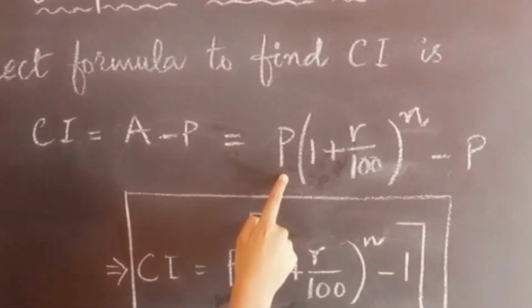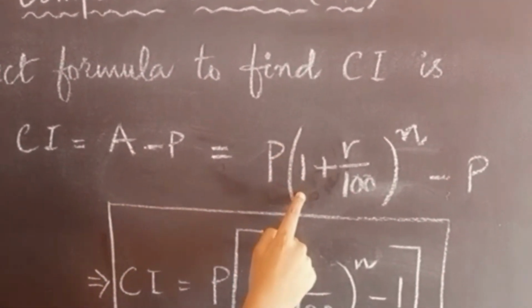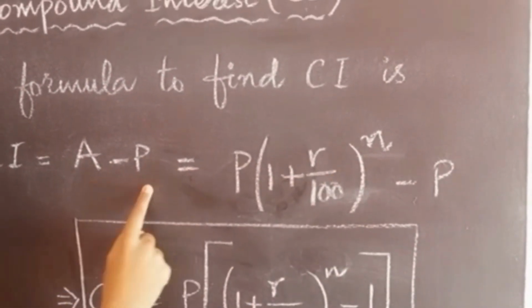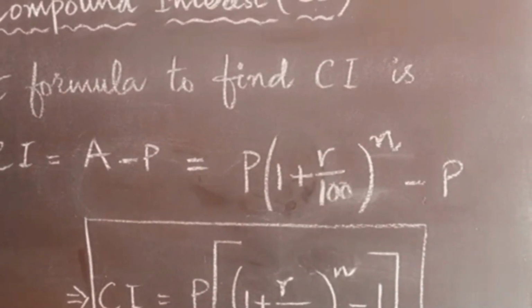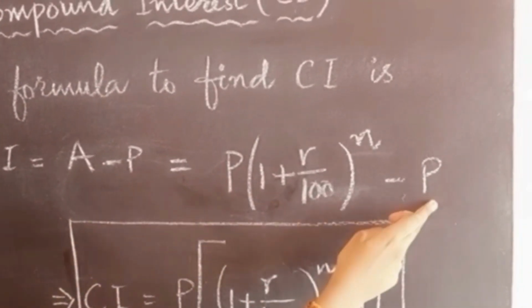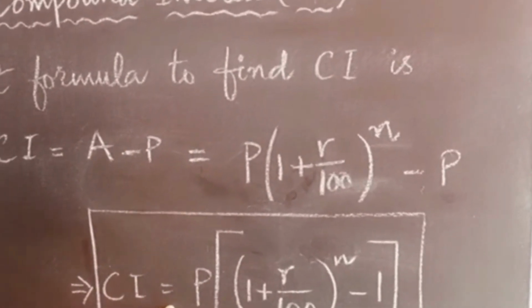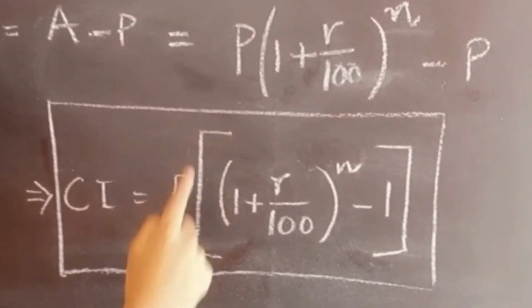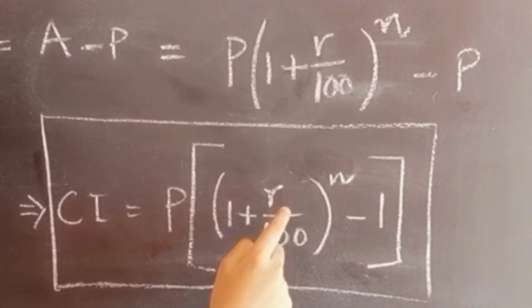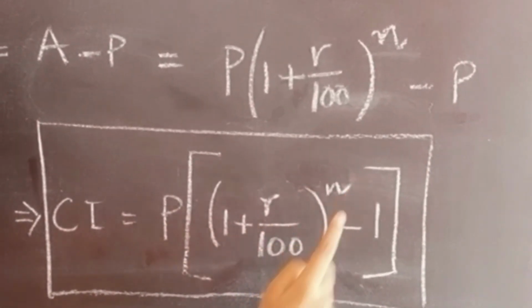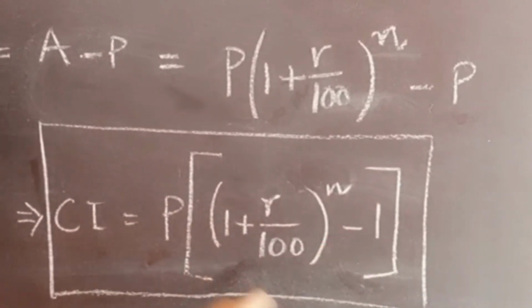Amount equals P(1 plus R by 100)^n minus P. If we take P in common, we get CI equals principal [(1 plus rate by 100) whole power number of years minus 1].